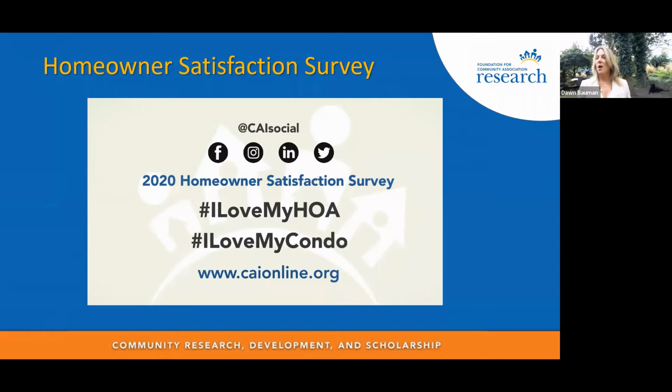All of this is not what you and I hear when we answer the phone from someone calling who has a complaint about their association, or what we read in the newspaper or hear on the news when some newscaster is trying to help some homeowner who doesn't like their rule and is trying not to comply with it. Generally speaking, people are overwhelmingly satisfied living in their community association. So we find this homeowner satisfaction survey to be very valuable.